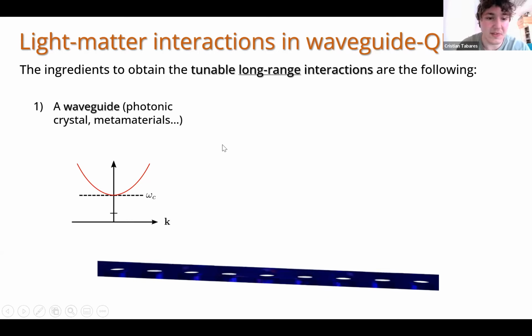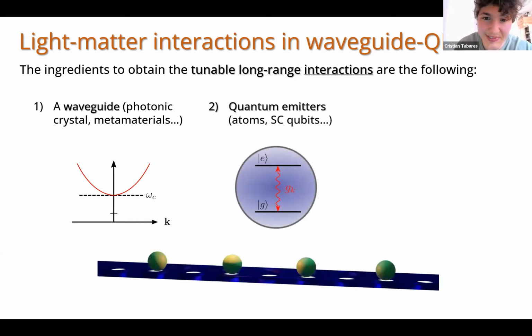You use this to obtain the interactions, but you don't have anything to interact. So then you also need to add some quantum emitters, which can be, for example, atoms, but also superconducting qubits or whatever. And these quantum emitters have a ground and an excited state, as we just said, and we have a transition between these states with an amplitude g that couples to a mode k.